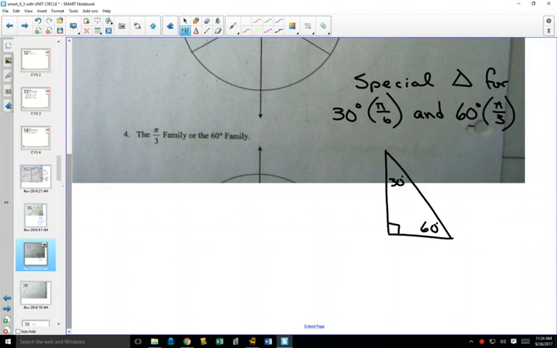Now, last time we had an isosceles triangle because two sides were the same. Do you know the special name for this triangle? Scalene. And actually, scalene is the special name for a triangle that's not special. It has all sides different, it has all angles different. It really doesn't have any great properties.